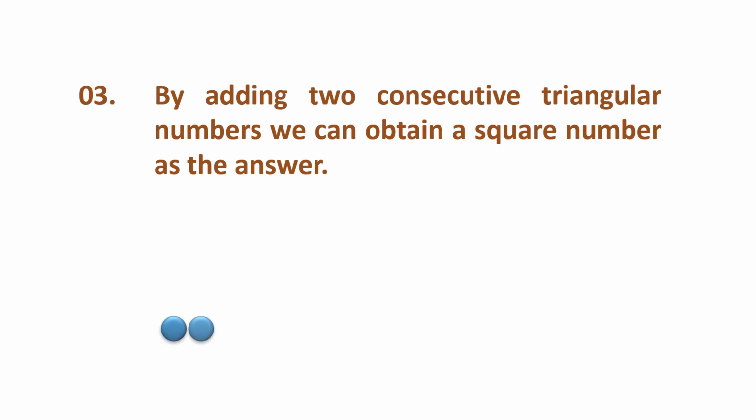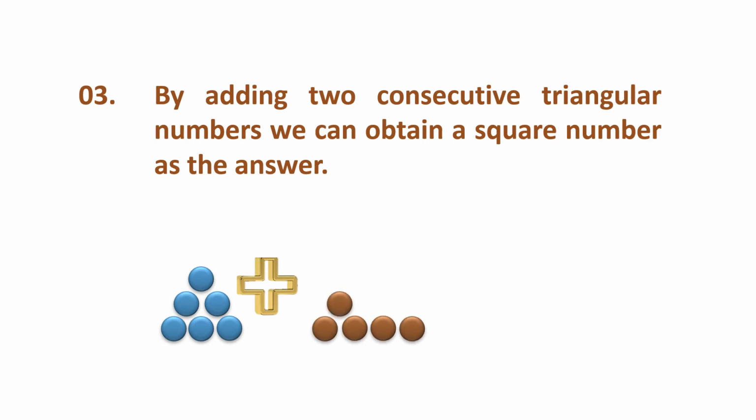I'm going to consider the third triangular number, that is 6, and the fourth triangular number. I'm going to add them together and check whether I obtain a square number or not.